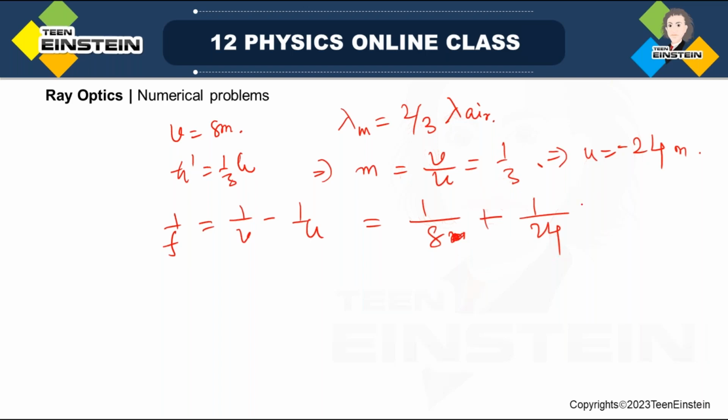If we do this simplification, this gives 1 over 6. So focal length is 6.